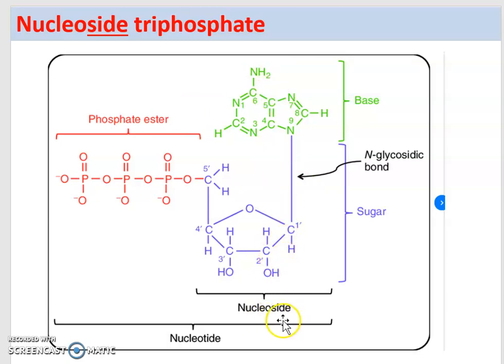So we can have a nucleoside monophosphate, which is equal to a nucleotide. We can have a nucleoside diphosphate, and we can have a nucleoside triphosphate. And in this case, we've got a nucleoside triphosphate that is being brought into position.